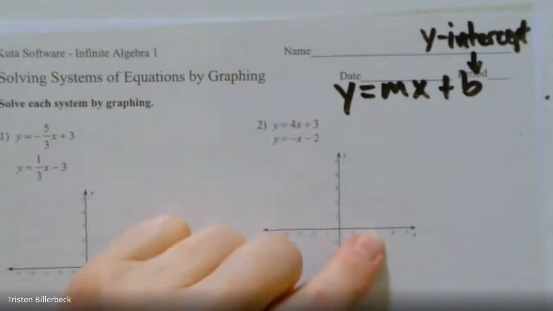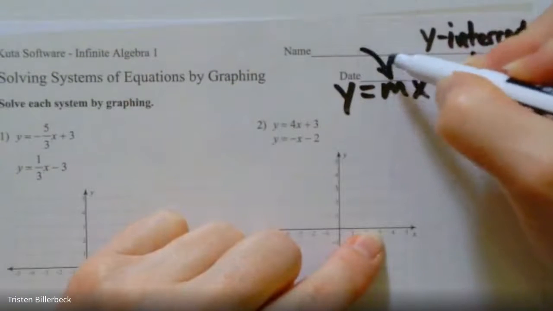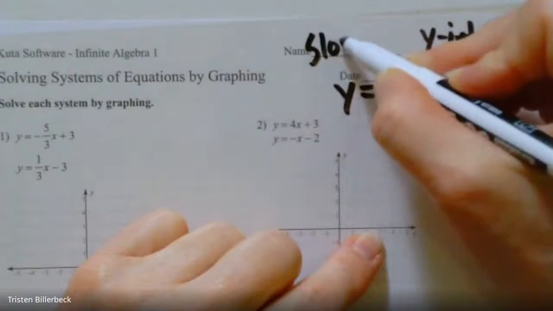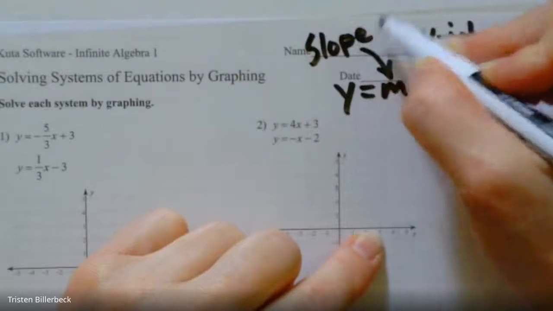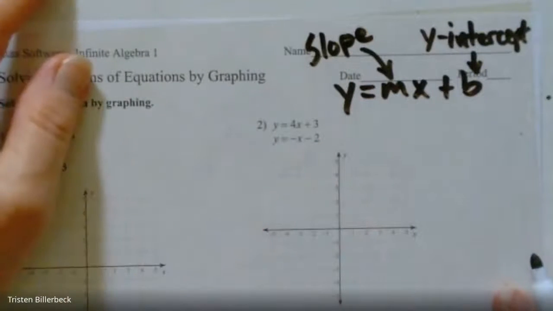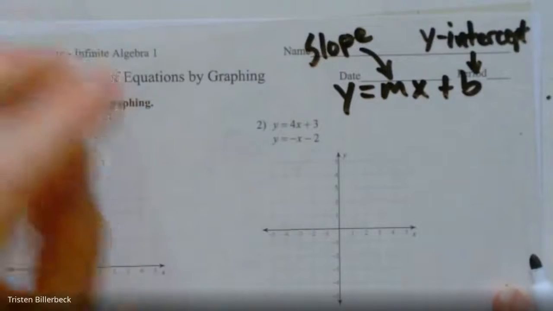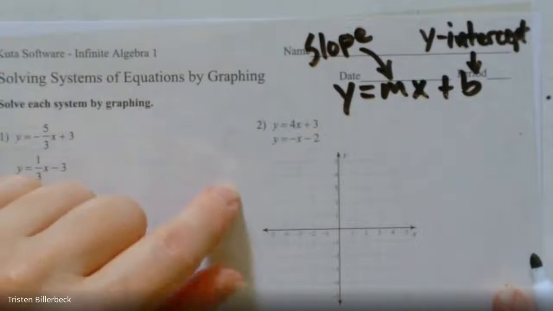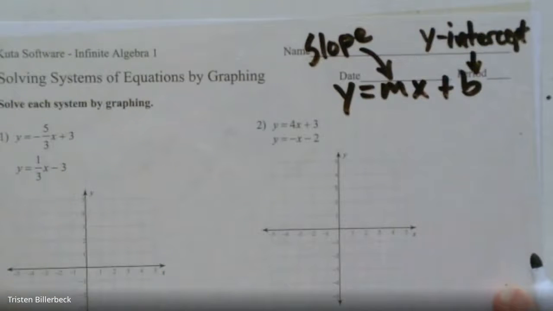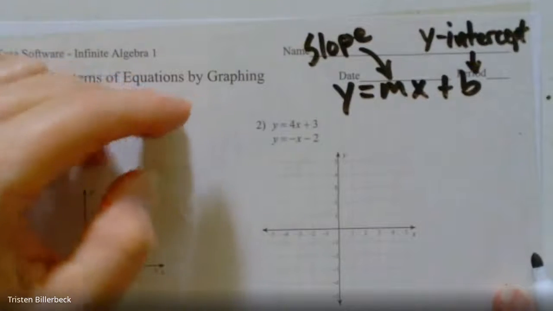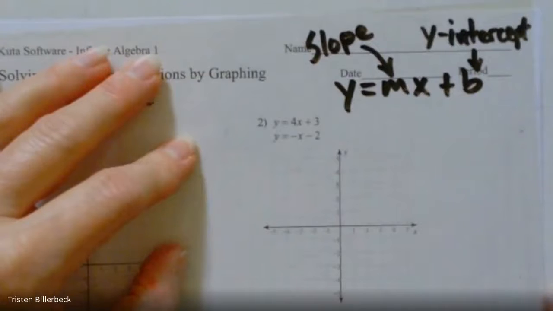The slope is right here. Slope is like the slope of the road. Will your car roll down the road, or the slope of the floor? Does the pencil roll along the floor? So that means it's got a slope if something is rolling and isn't using brakes.